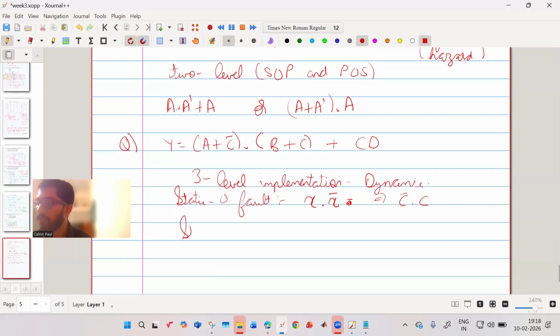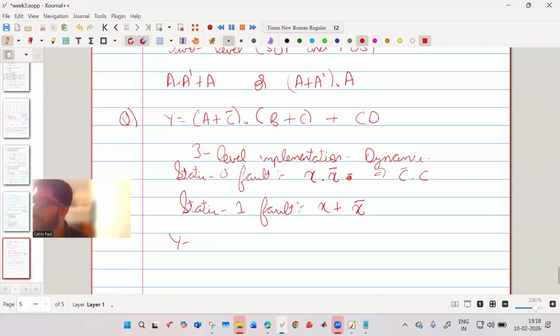Another is the static one fault. For the static one fault, we should have something like X or X bar. Let us make it very simple. Let us say A is 0, B is 1, and D is 1. In such a case, what will the output be? 0 plus C bar, and 1 plus C, then C and 1.